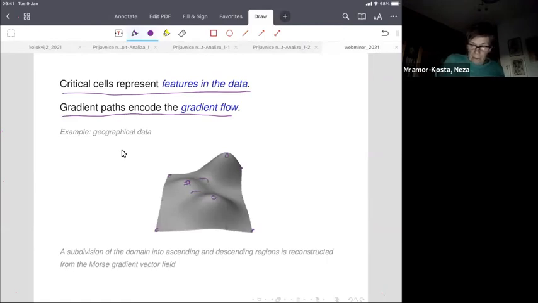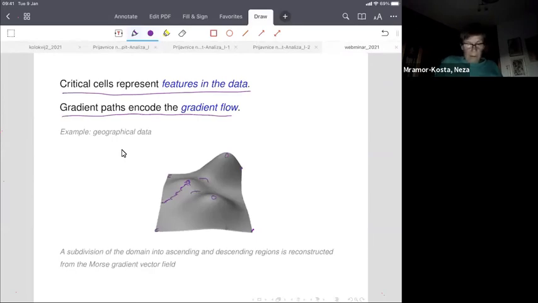Now the gradient paths describe the gradient flow in a similar way as in the case of the smooth Morse functions. So if we have a gradient path going down like this from here, then we know that the function values along this gradient path are going to go down. So the gradient flow is given by the gradient paths.